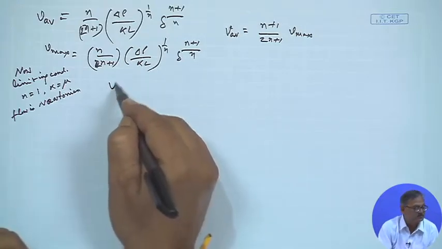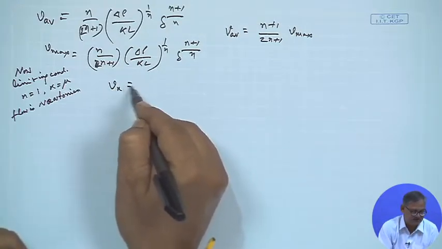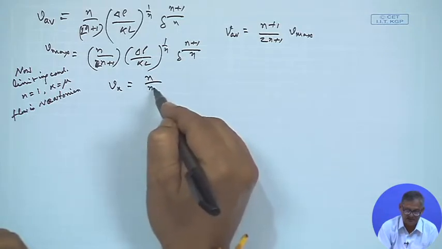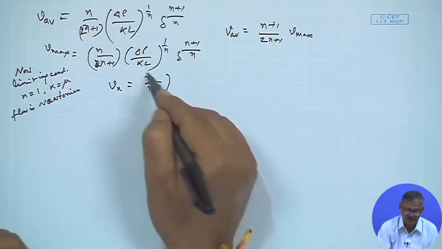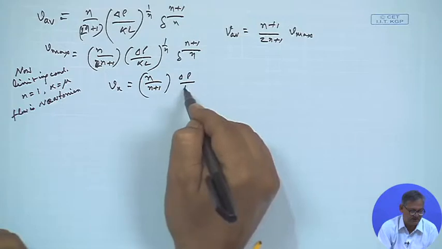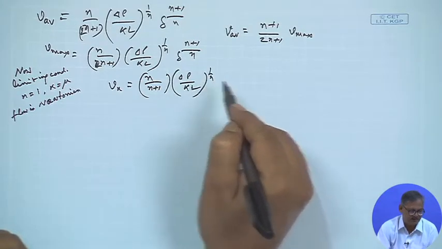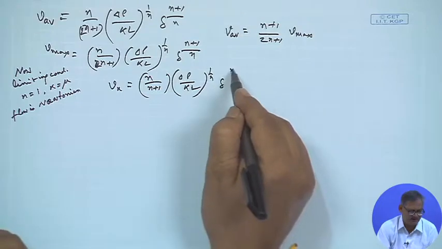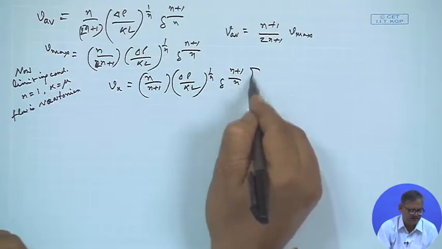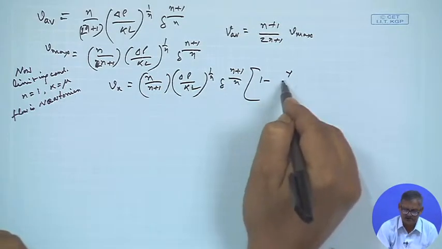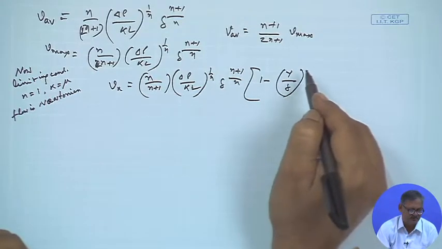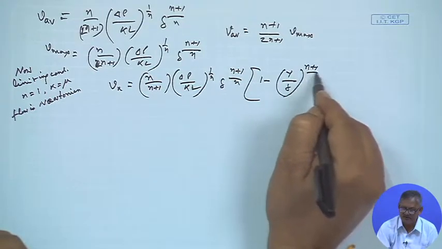In that case, Vx is equal to n by (n plus 1) into (delta p by KL) to the power 1 by n, del to the power (n plus 1) by n, into 1 minus (y by del) to the power (n plus 1) by n.